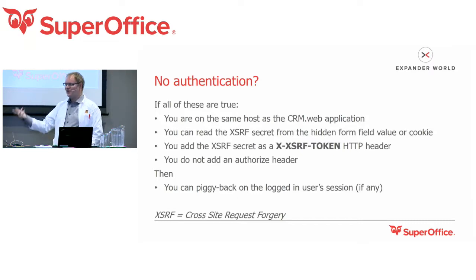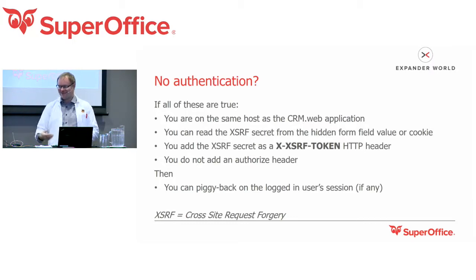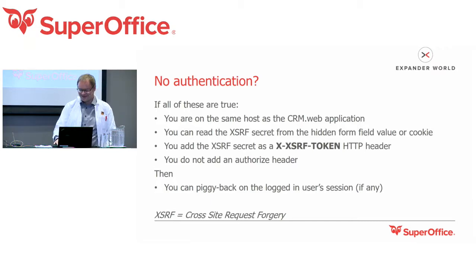We want to talk to a web API from some part of the user interface in CRM Web, and we don't want to pop up a dialog to log in, since we're already logged in. We should be able to get that information without a lot of extra work.